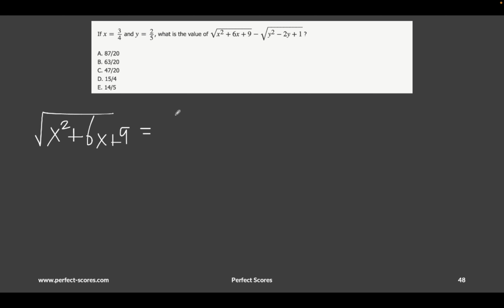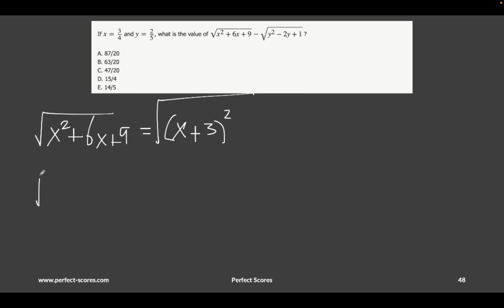This kind of looks like x squared plus 6x plus 9. I can do some quadratic solving here and solve this. Or isn't this x plus 3 whole square? I believe that's what it is, right? x plus 3 whole square is actually going to be x squared plus 3 squared plus 2 times 3x. So that's 6x. So that's what it is.